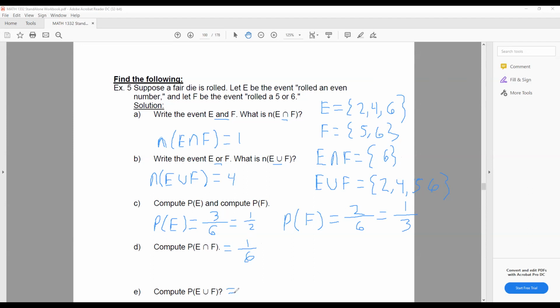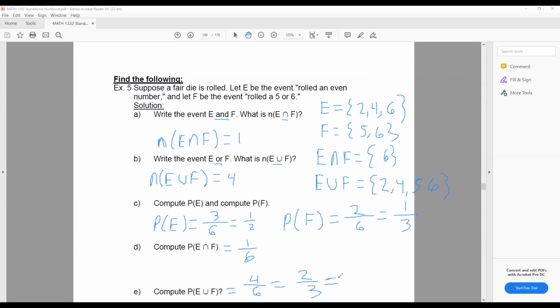Probability of the union. What's the probability that I get an even or a 5 or a 6? So just count them. That would be 4 out of the total possibilities. So that will be 2/3, right?